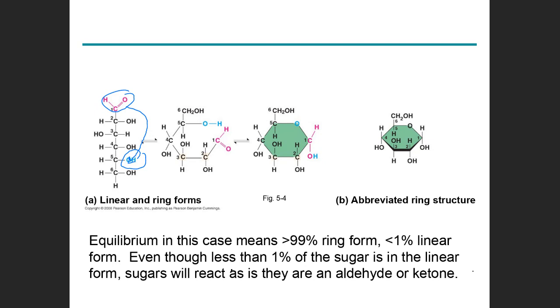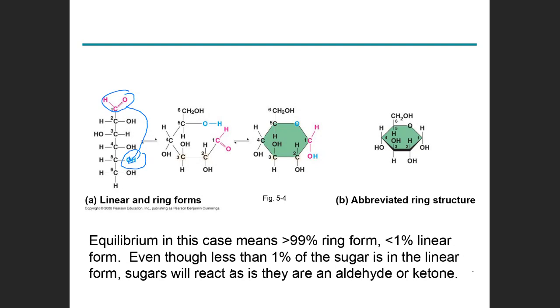In the case of the monosaccharides, the predominant form is the ring structure. More than 99% of the monosaccharides will be in a ring form. Less than 1% will be in the linear form. So in this case, equilibrium means 99% ring structure, 1% linear structure.